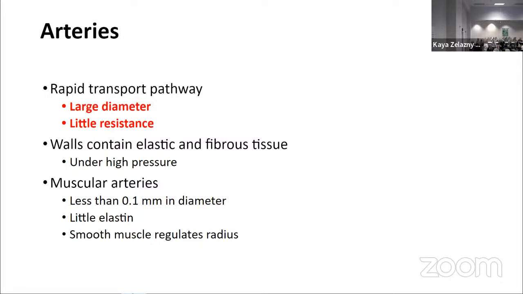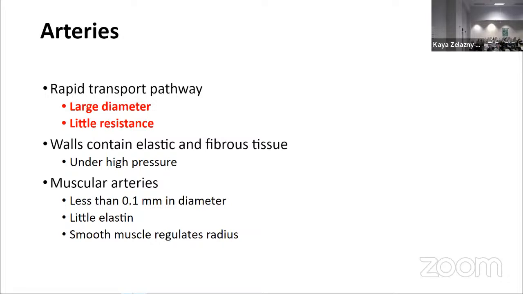So they're under high pressure, so they contain walls made of thick portions of elastic and fibrous tissue to withstand that pressure. Okay. As we move through our arteries, there are arteries and arteries, right? Some arteries are bigger than others. You've seen that in lab. When we get down to the level of our muscular arteries, they're going to be smaller. So our really small arteries might be like 0.1 millimeters in diameter.